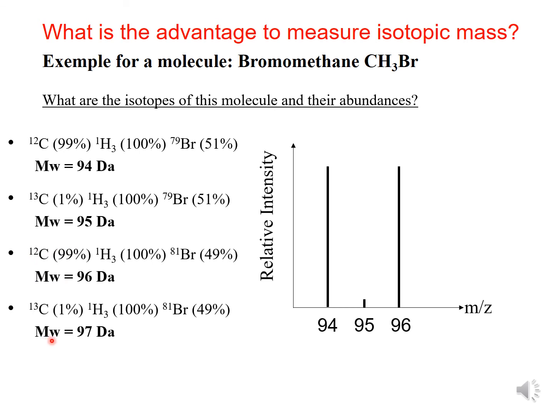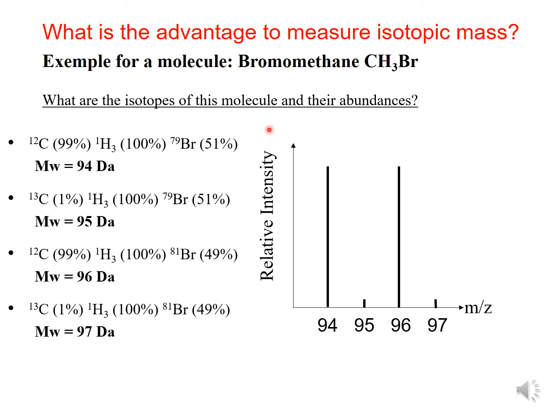Here we have an isotopic peak at 97 Dalton, and we have an abundance between these two isotopes. The only modification concerns the carbon, so we have to compare the carbon. We have 99% of this one as compared to 1% of this one. Then at 97 we have this relative abundance, which is 1% as compared to this one.